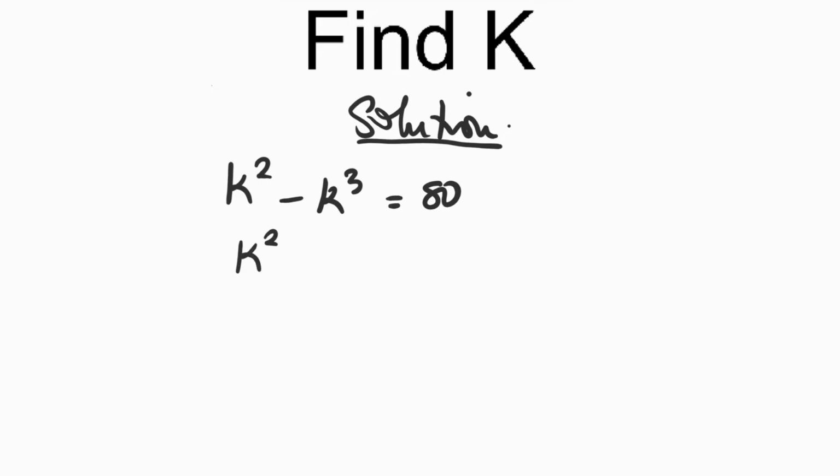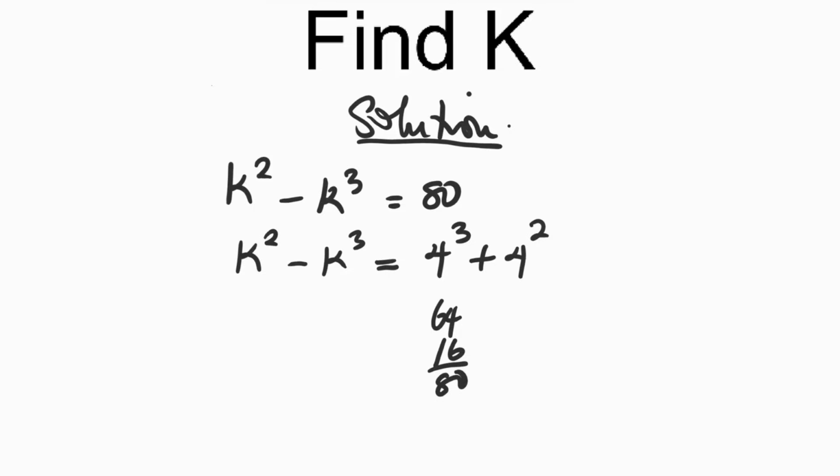So here we have k squared minus k cubed is equal to 4 raised to power 3 plus 4 raised to power 2, because 4 raised to power 3 is 64, 4 squared is 16, and if we add up, it becomes 80. Right? So let us carry on with the solution to this problem.